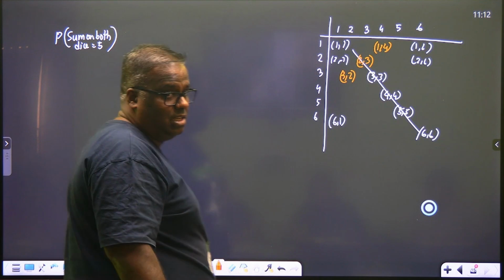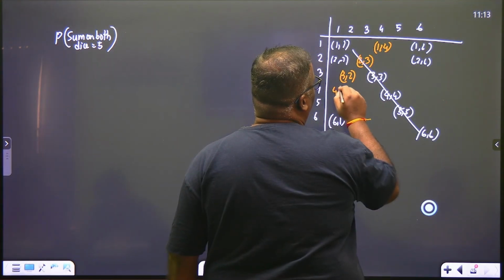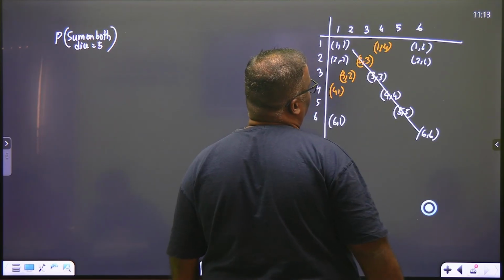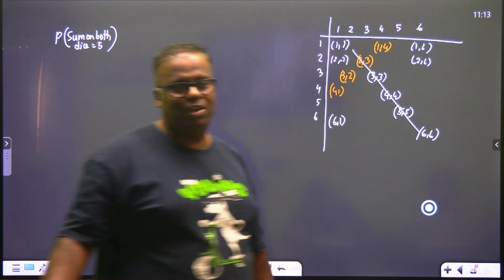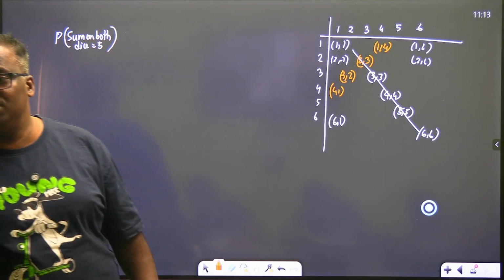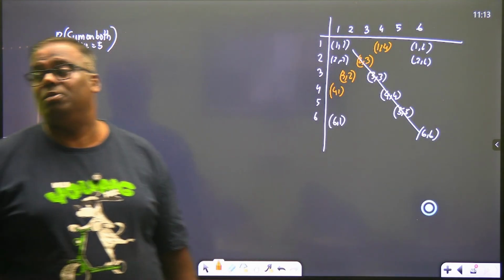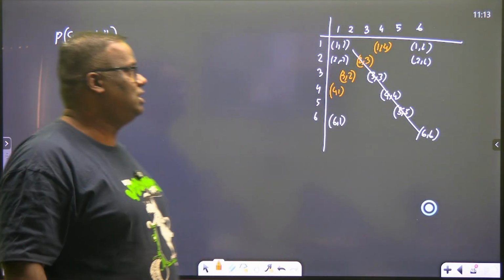Anything else? No. Next column, 4,1 qualifies me to get a 5. Fifth column, no way, because anything will be more than 5. Sixth column, no way. So how many numbers total? 4 numbers out of 36. 1 upon 9 is the answer. 4 numbers out of 36 qualify me.